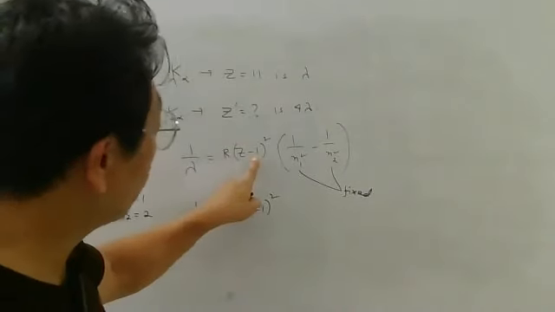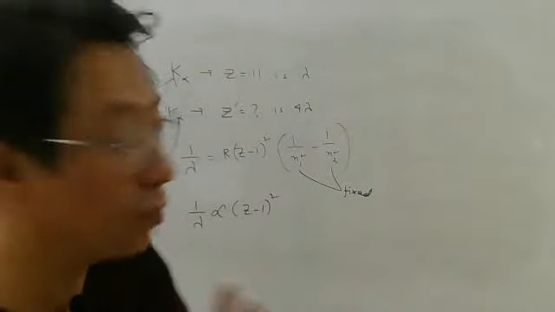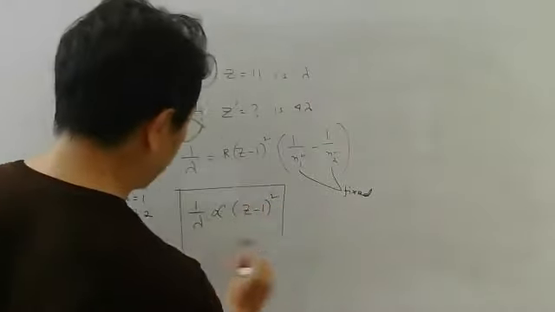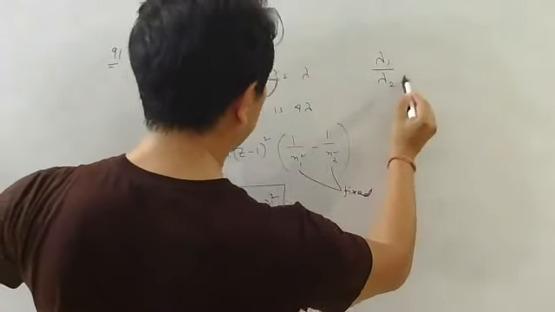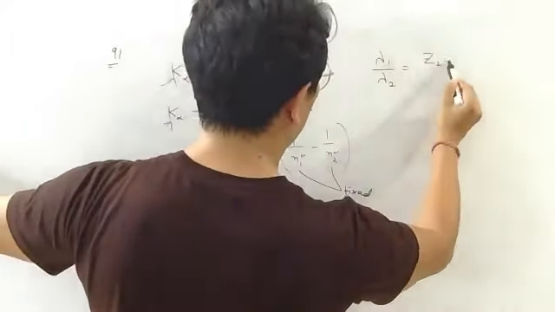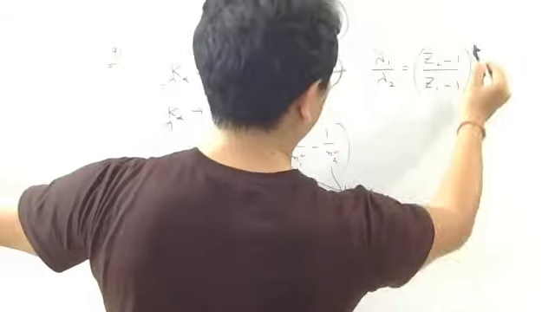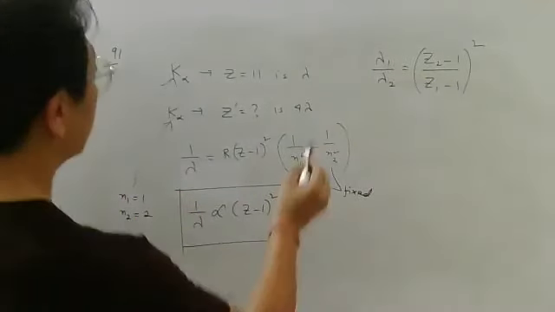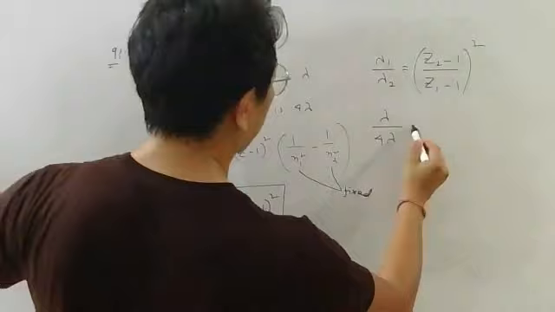By the way, why did I write 1 and not b? Because this is the K series. For the K series, at least we know what this constant b is. So this is the formula we should use. That means lambda 1 by lambda 2 will be (Z2 minus 1) by (Z1 minus 1) whole square, no, the other way around, inversely proportional, right? First lambda is lambda, second lambda is 4 lambda.